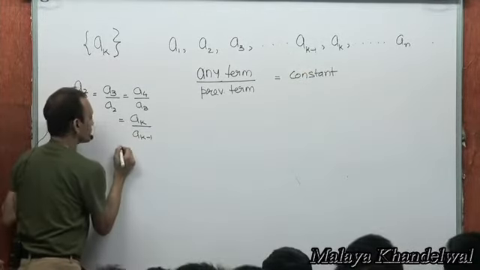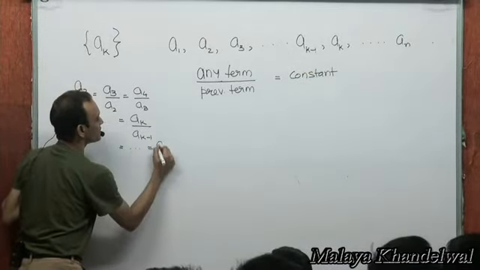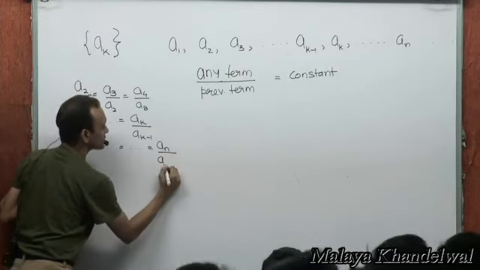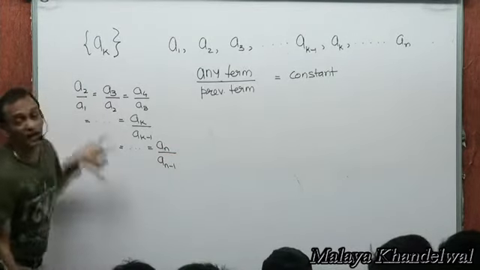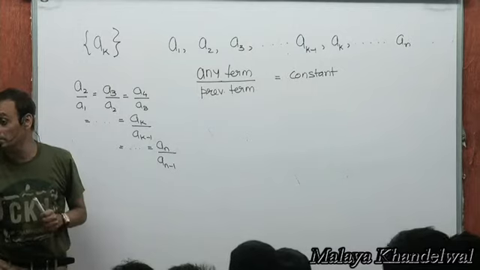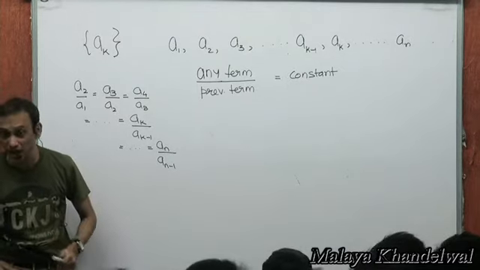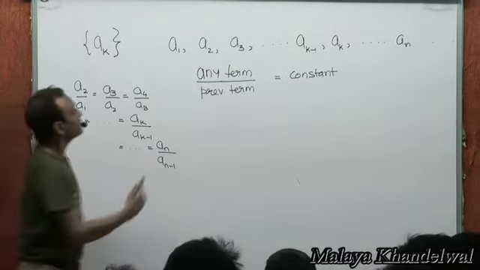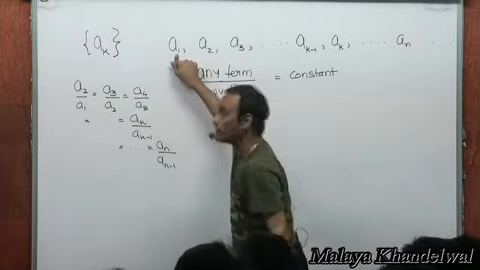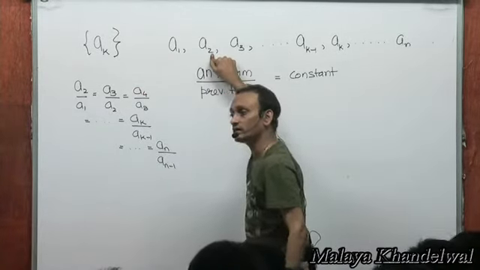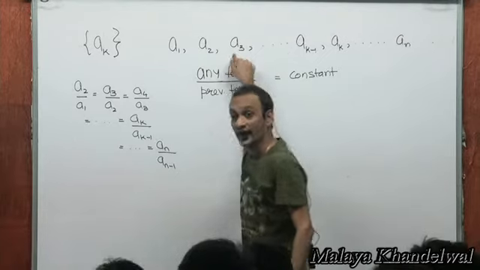In general, it is the same as the value that A_N by A_N minus 1 gives. This ratio is preserved in this collection of numbers. Any term divided by the previous term is a fixed number. That means if A2 by A1 is 3, then A3 by A2 must also be 3, then A4 by A3 must also be 3, and so on and so forth.